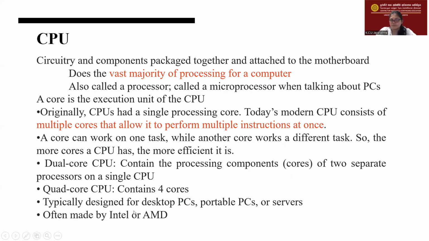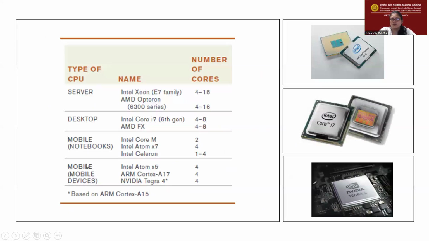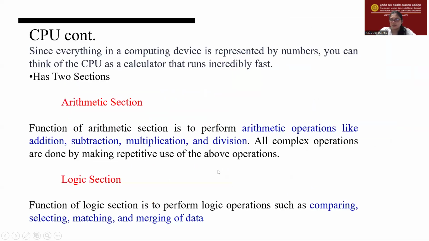And the types of CPUs when it comes to servers, desktops, and mobile phones, like that, the number of cores. What are the sections in the CPUs? Arithmetic section and logic section. What are the things that the arithmetic section does as well as the logic section does?